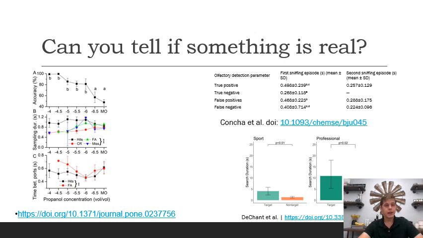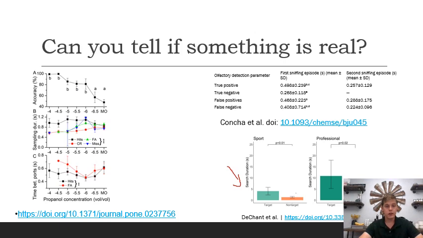Another interesting topic is, can you tell if something is real or not? Can you look at the dog's performance and say, yes, this is a false alert, or yes, this is a real true positive, or perhaps this is a false negative? There actually have been a few papers on that. One is the one I already described earlier from us, which looked at when a miss occurred, how long did they investigate a target versus a non-target.